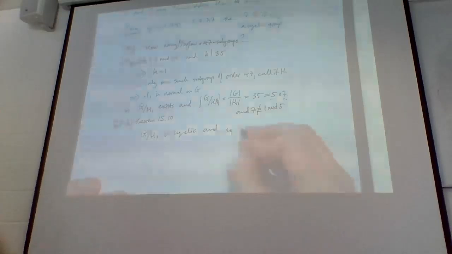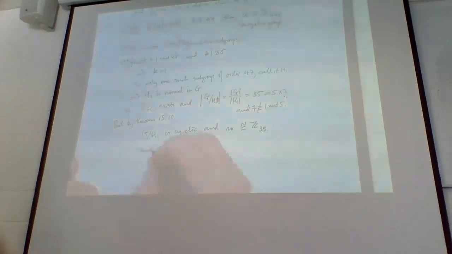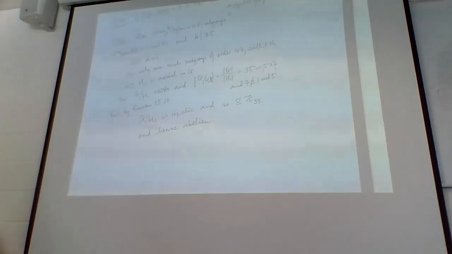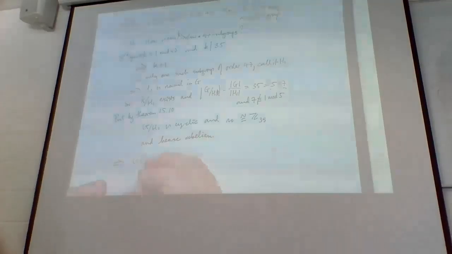Cyclic, and so it's isomorphic to Z35, and hence abelian, because cyclic groups are abelian. So that implies, if you go back to our commutator, that the commutator is contained in or equal to H1.